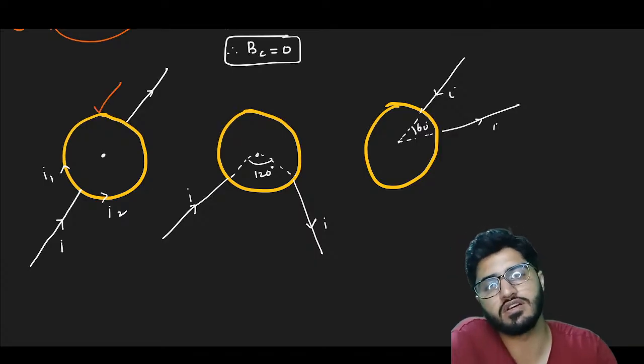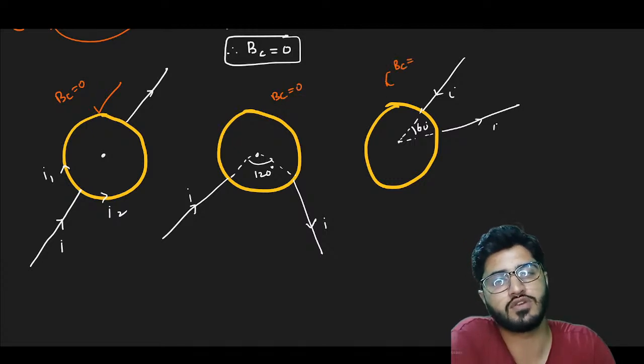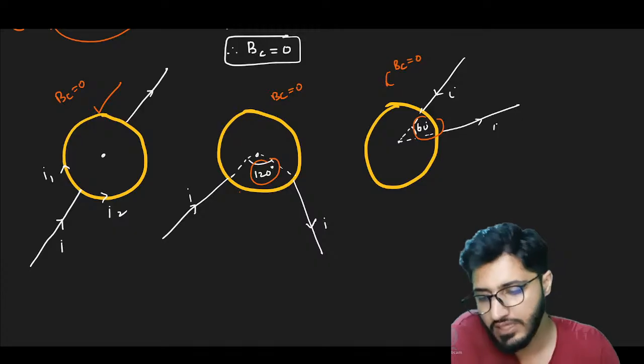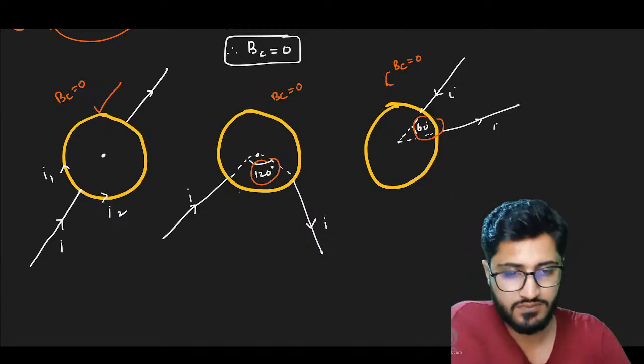And conditions are given now. So, sir, we know that B at center is 0 for this one also, and for this also. So it doesn't depend on the angle. Now, if the angles are different, no issue. It doesn't depend on it. Done?